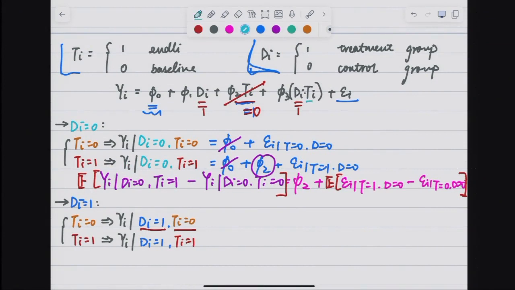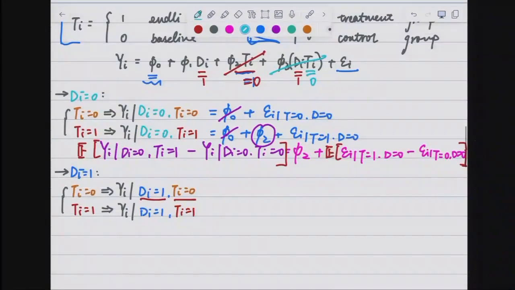Now this Ti is also 0, that means the interaction term also goes away. So what we have for the treatment group at the baseline is then the phi naught plus the phi 1 times 1, which is just phi 1 itself. The rest of the terms are just 0, and what we're left with is again the error term, given that it is at the baseline and in the treatment group.